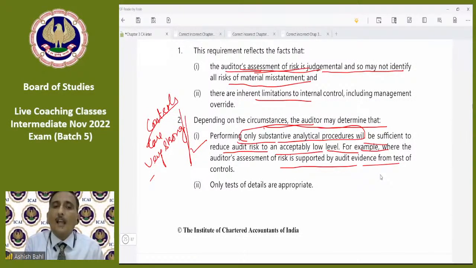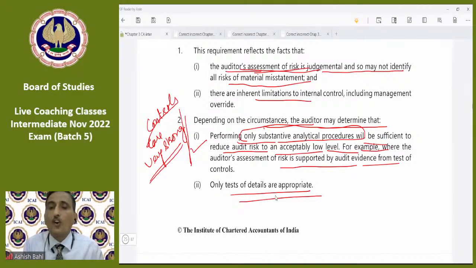Where control systems are not that formalized, he may consider that only tests of details are required.